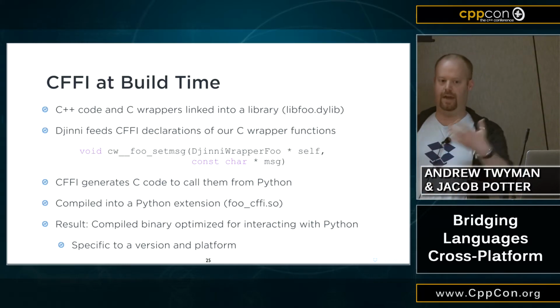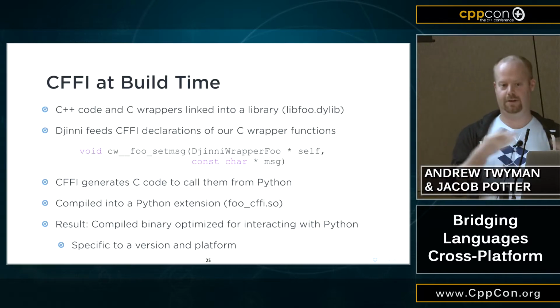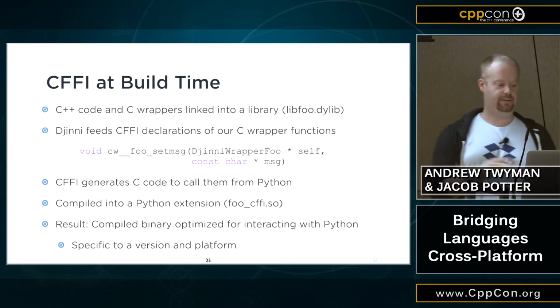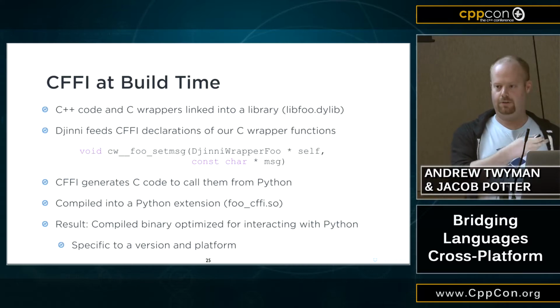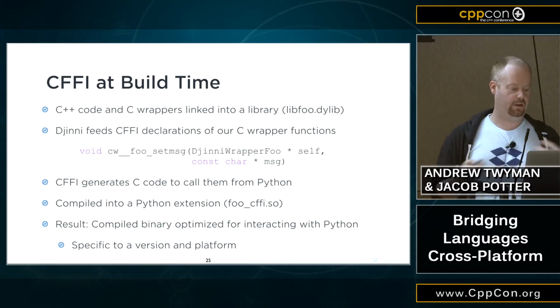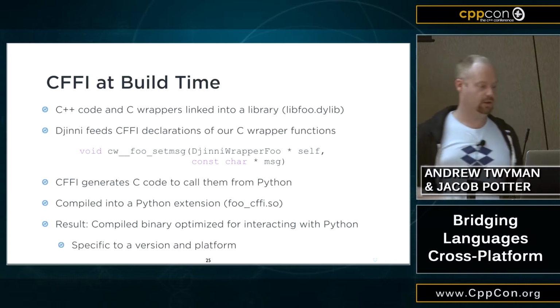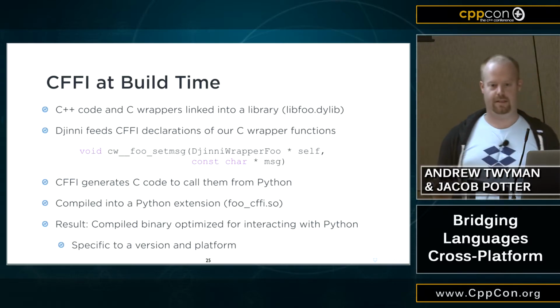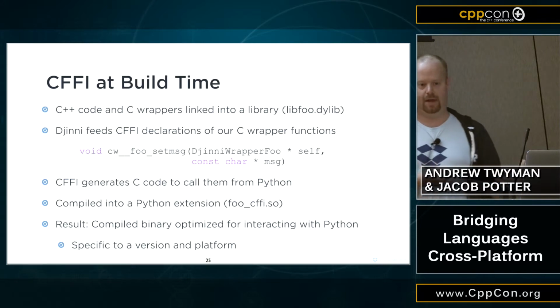It actually parses the header files, feeds them into CFFI to make sure that you have a single point of definition. CFFI, in turn, generates some C code that talks between Python and those C functions, which gets compiled into a Python extension, which is a .so file, at least on Mac. And the final result is that you've got a compiled binary that's optimized for interacting with Python and hopefully as efficient as possible.